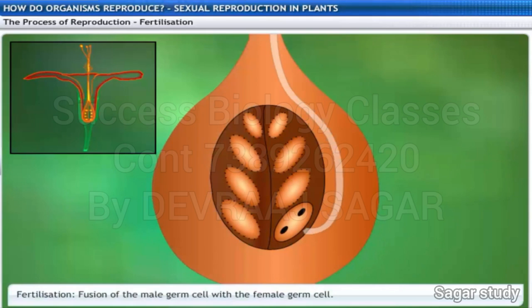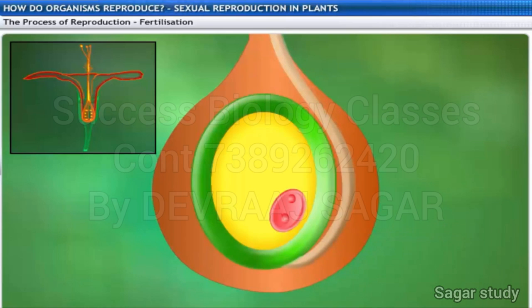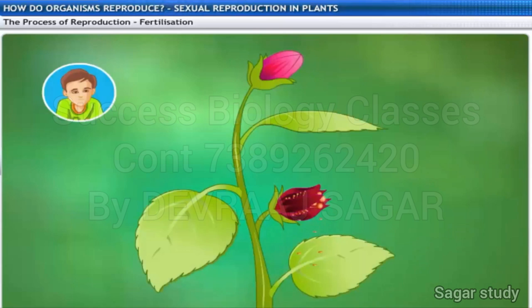During fertilization, the male germ cell produced by the pollen grain fuses with the female germ cell present in the ovule. This fusion of two gametes or germ cells is also called syngamy. Syngamy produces a zygote, which is capable of growing into a new plant. So then the seeds that we see are zygotes.